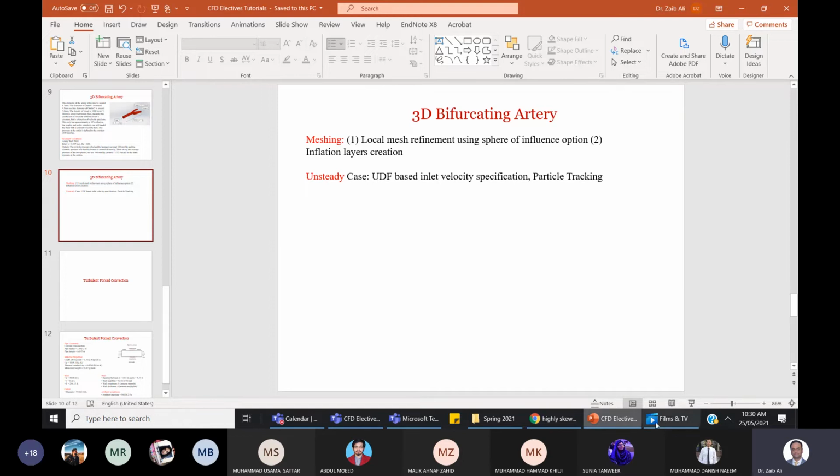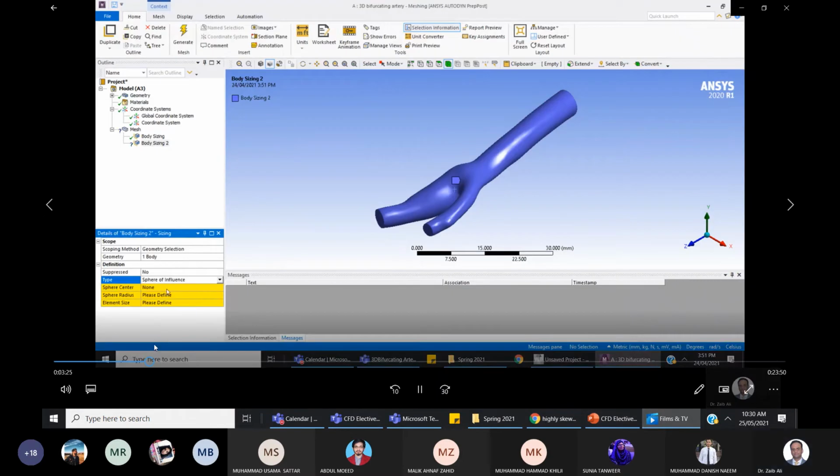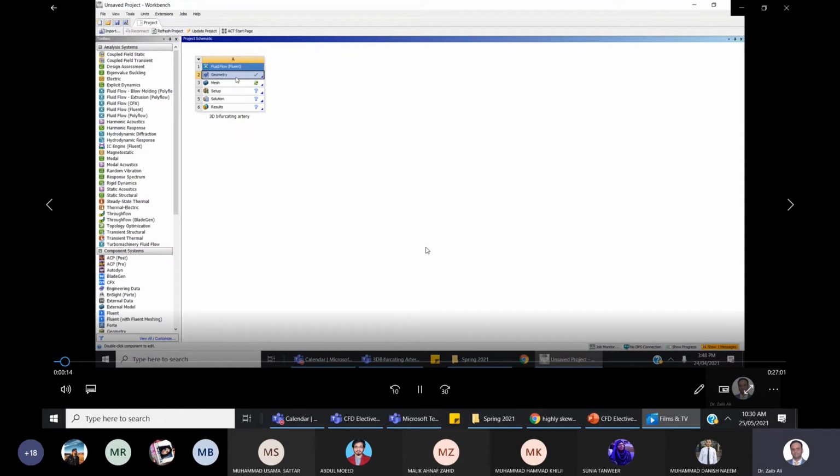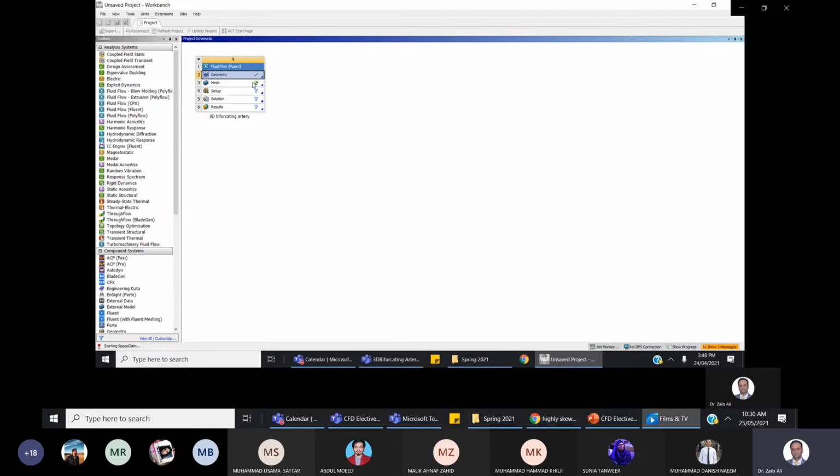So let's start with this tree. Again, the geometry is provided to us, which I uploaded last week, I guess. You can see it there.